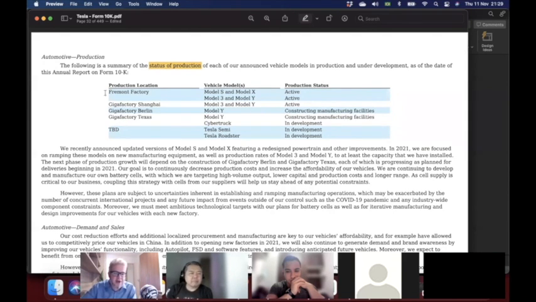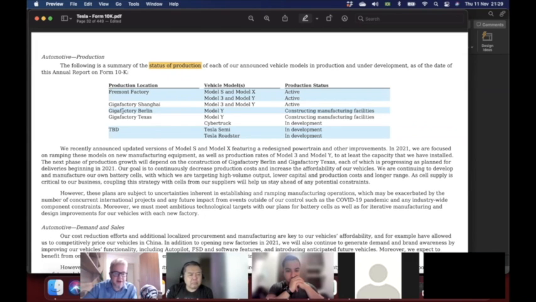So they have a factory in Fremont where they produce Model X, Model S, Model 3, and it's active. They have a Gigafactory in Shanghai, in China, producing Model 3 and Model Y, already producing, so they already have a plant in China.